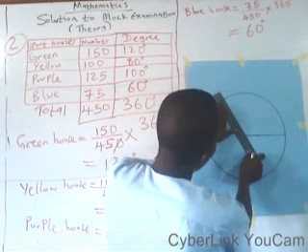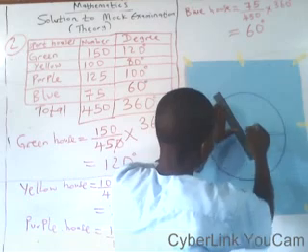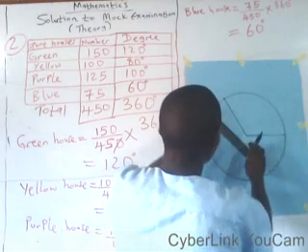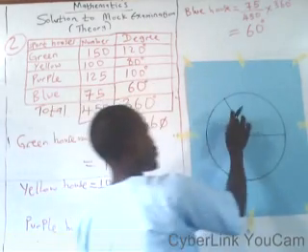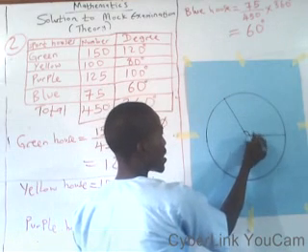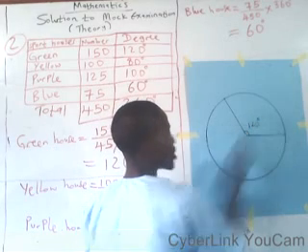When you are through with that, now make a perfect straight line. Make a perfect what? Straight line. Now curve this place and call this 120 degree.